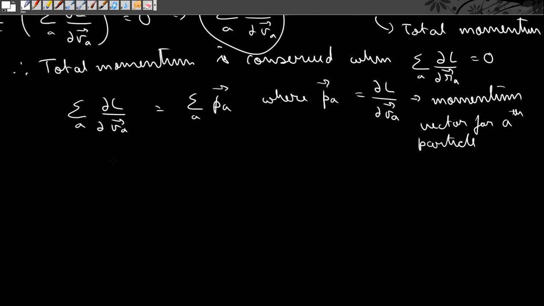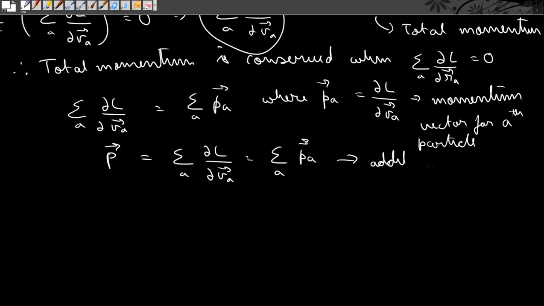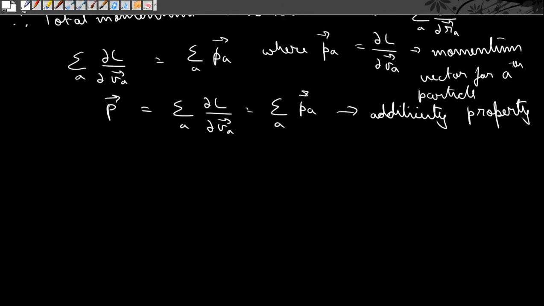Then the total momentum vector P will just be equal to the summation of the individual momentums. This is nothing but the additivity property. We will come back to this more when we look at examples, but for now let's just leave it at that.